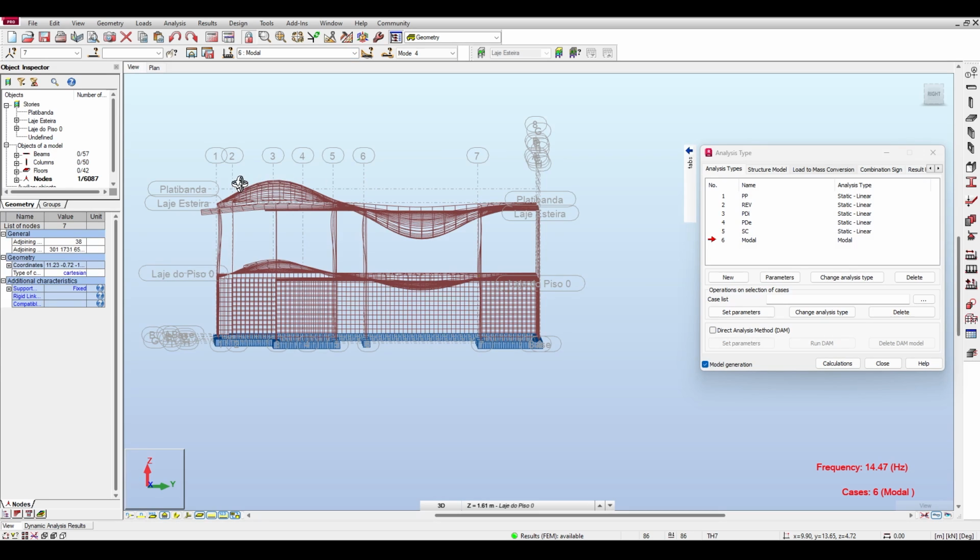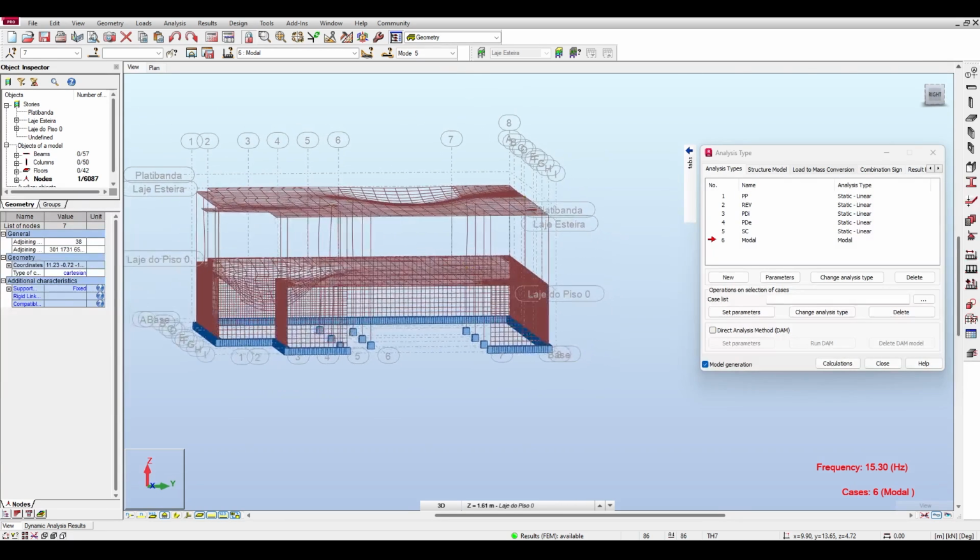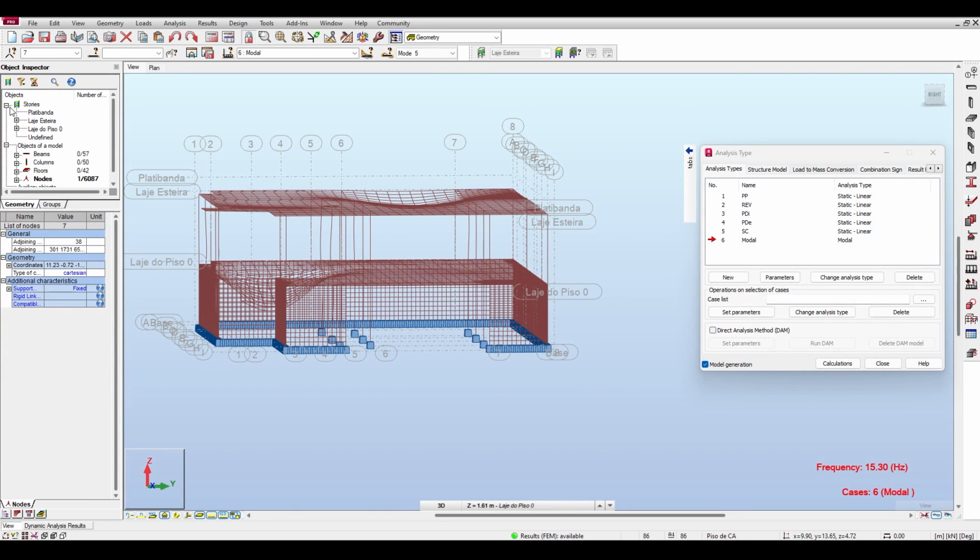Now, the mass is moving, don't mind me, I know that, but the upward movement and the downward movement are the same. But if you go to mode 5, then everything is moving down. This is moving down, that is moving down, that is moving down. The entire structure, even here, you cannot see it, but this part is moving down. You can see it maybe in 3D. Yeah, there we go. So you can see that the entire structure is moving down, and that's why the mass participation is higher, because there is no cancellation.